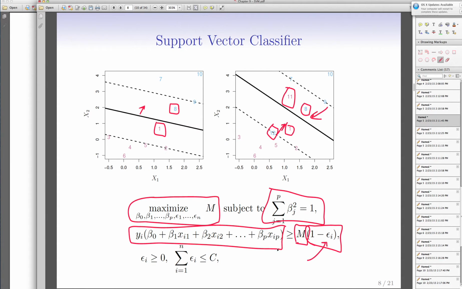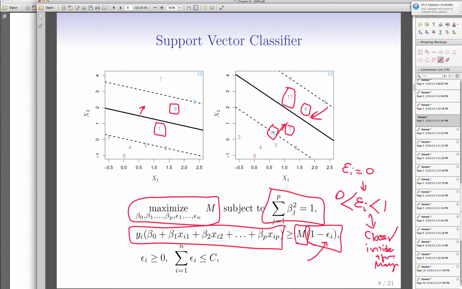so we fix the cases that are not inside the margin or are misclassified. For example, if epsilon I is equal to 0, then you have the simple classifier method we had earlier, right? Because nothing will change. If epsilon I is between 0 and 1, that means classification was okay, but it is inside the margin.